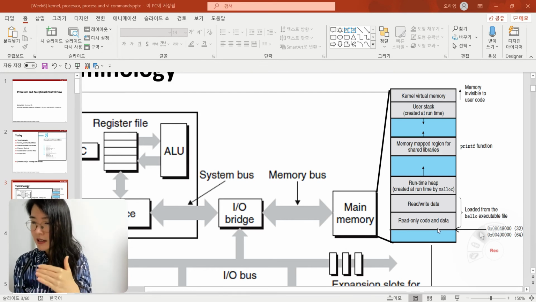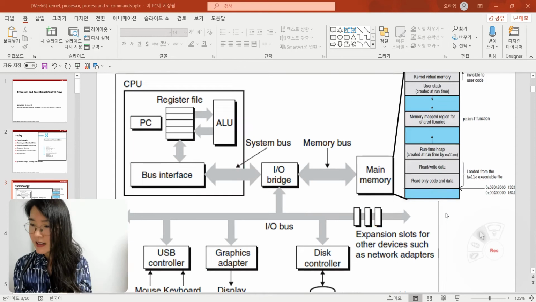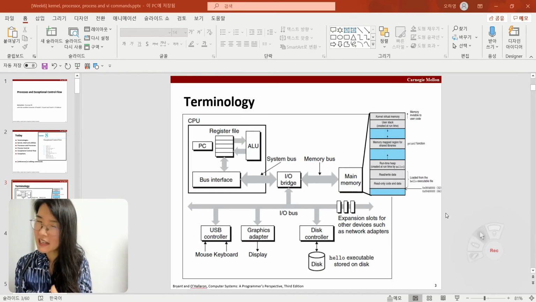Okay, so these can be loaded from the hello executable file. Okay, so please take a picture of this page also and repeatedly check your portal on your cell phone every day. Okay, we can go to the next page.